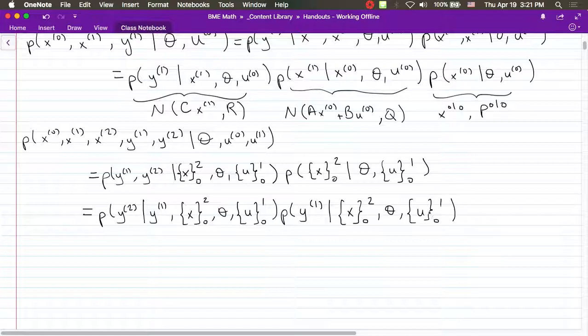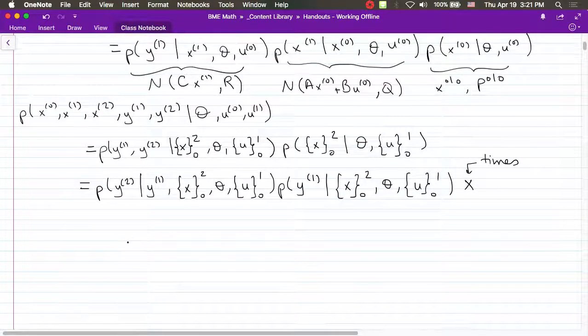Okay, that's the first term, times the rest of this equation, which I'm going to write in the line below. Second line is the second term here. X going from 0 to 2.